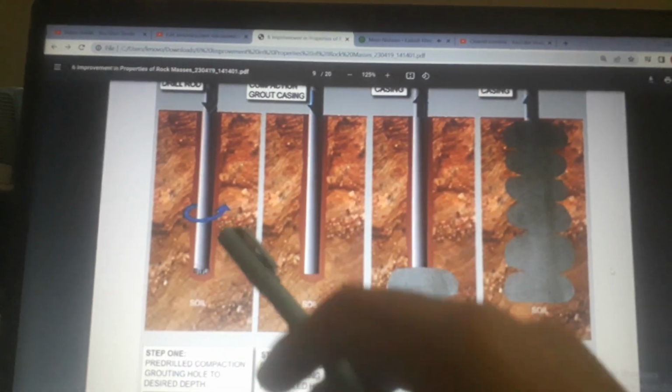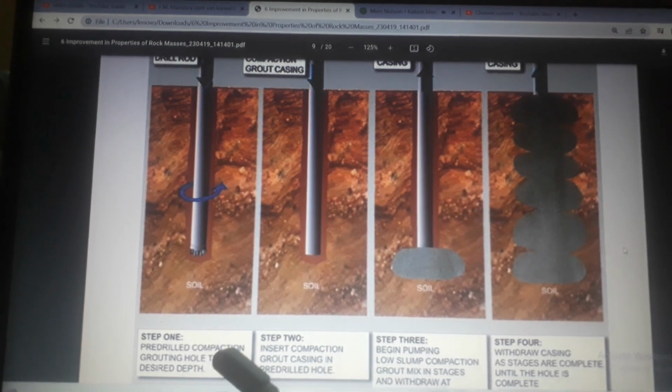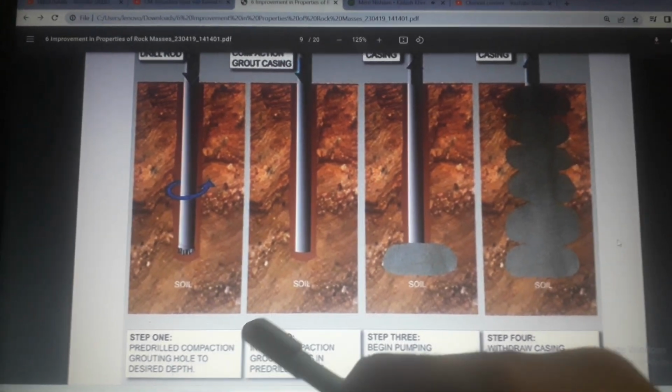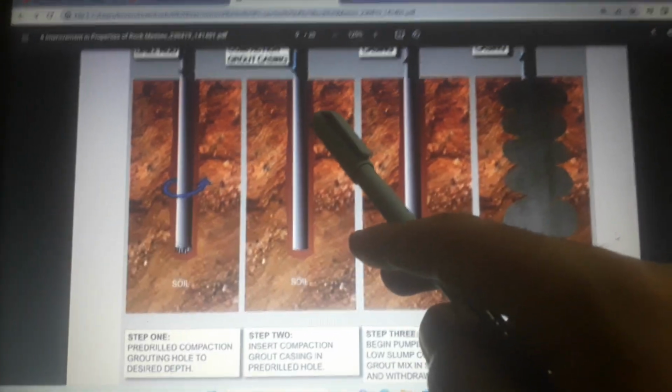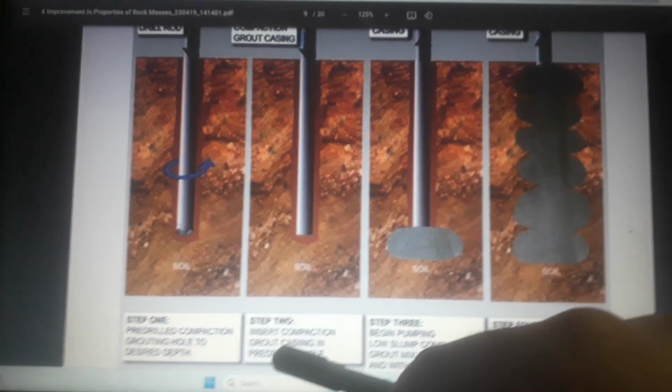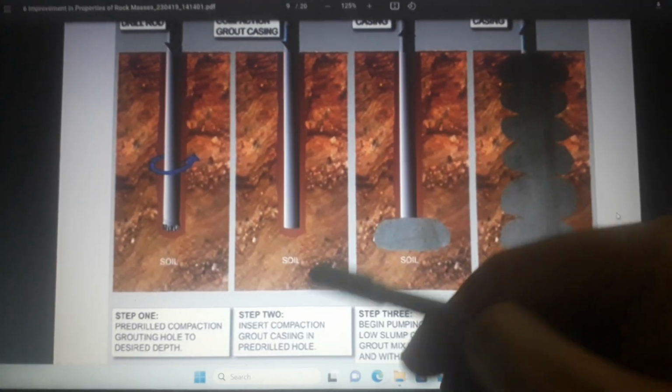In the drill rod where there is rotation: step 1, pre-drill the compaction grout hole to the desired depth. Step 2, insert the compaction grout casing in the pre-drilled hole.